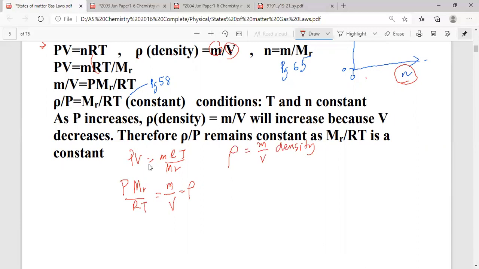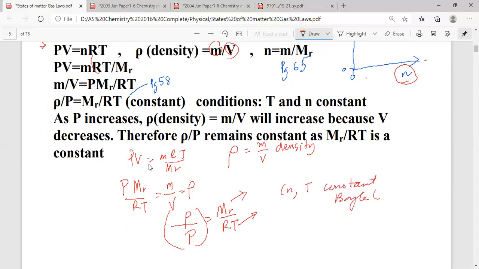Now if I want to bring P down here, rho over P equals mR over RT. So this thing will change, obviously. mR is constant, and temperature is constant. Remember, the number of moles and temperature are constant for Boyle's law. R is a constant, so all these are constants.